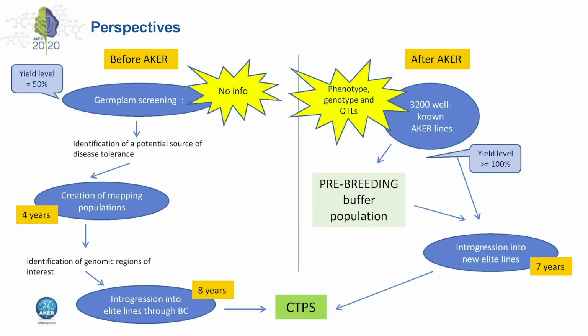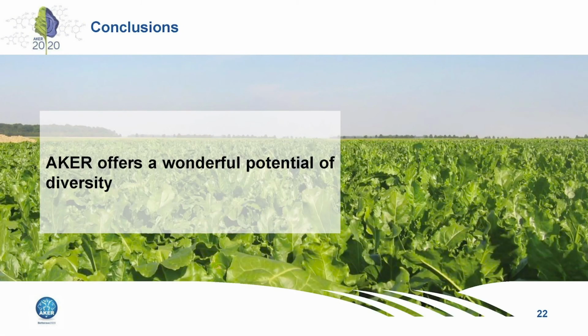So we will be able to easily draw from this reservoir to meet all the new challenges of the sector. We should therefore be able to submit candidates meeting this or that selection criterion in 7 years as opposed to 12 before.